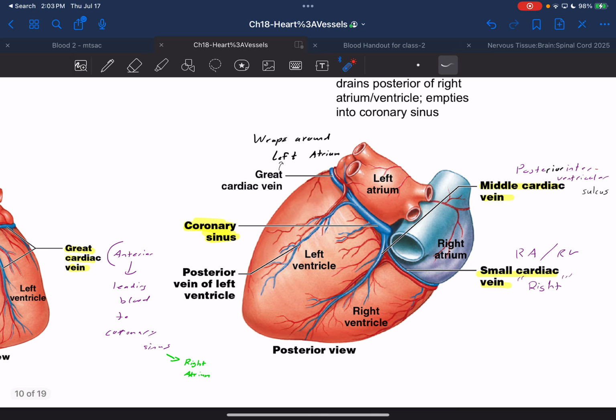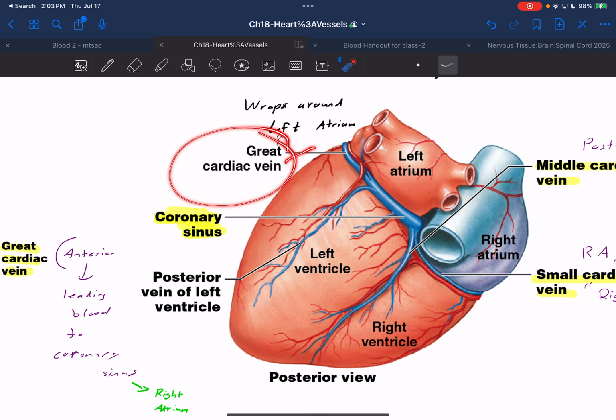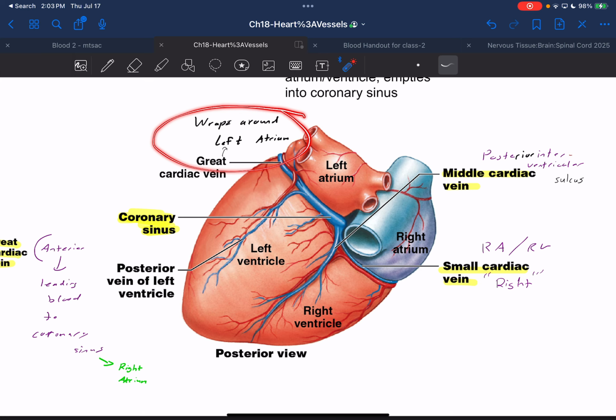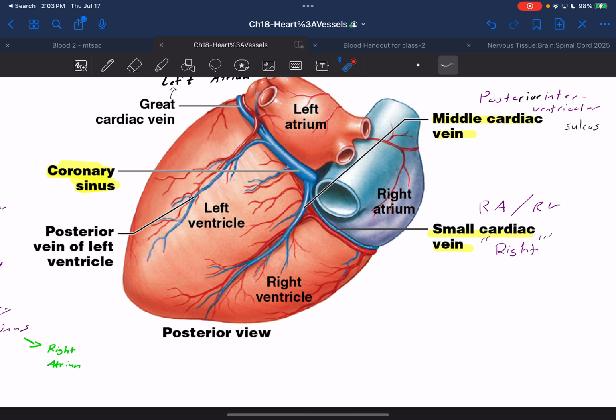That great cardiac vein will then draw the blood and bring it back to coronary sinus. You're done with that one. It wraps around the left atrium. The middle cardiac vein serves the posterior side, and it comes from the posterior interventricular sulcus, bringing blood into the coronary sinus from that angle of the heart, from that portion of the heart.